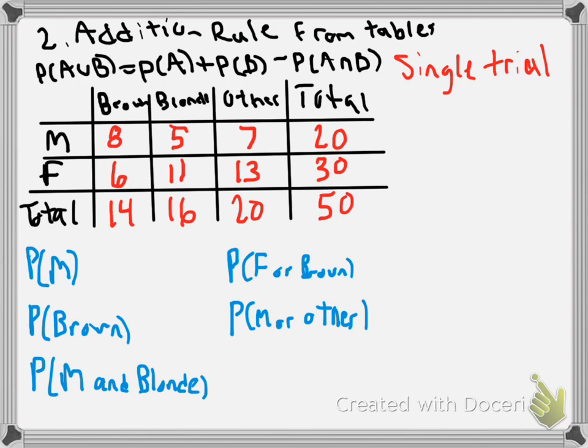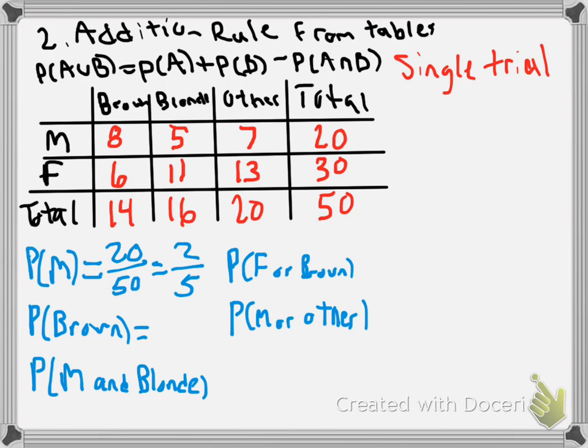So if I close my eyes and all these students are in a room, what's the probability that I select a male? Well, if we look, there's 20 males out of 50 people. So 20 out of 50 reduces to 2 out of 5. Okay, next, if I close my eyes, out of all 50 of these students, what's the probability that I select somebody with brown hair?